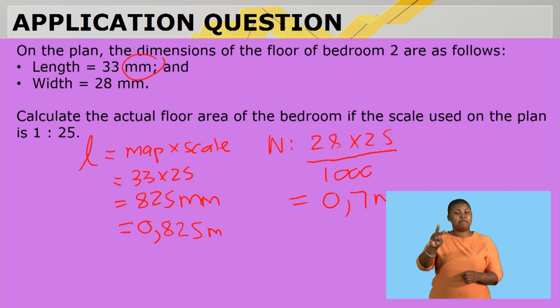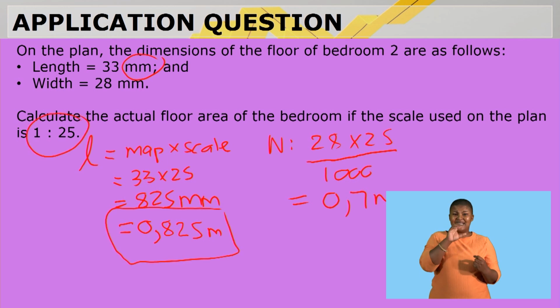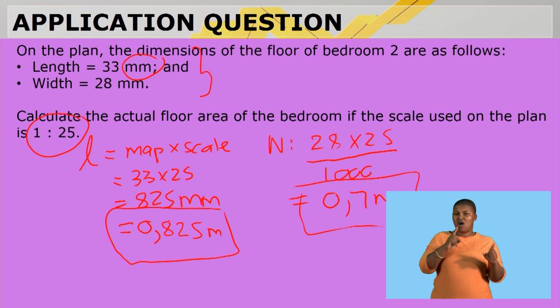So this is another mistake that Mr. Muhopi made. There is no way that the scale can be 1:25 with those dimensions to give us the answer of the real dimensions, because what's going to happen is this room is not even 1 square meter. But let's look at the area.